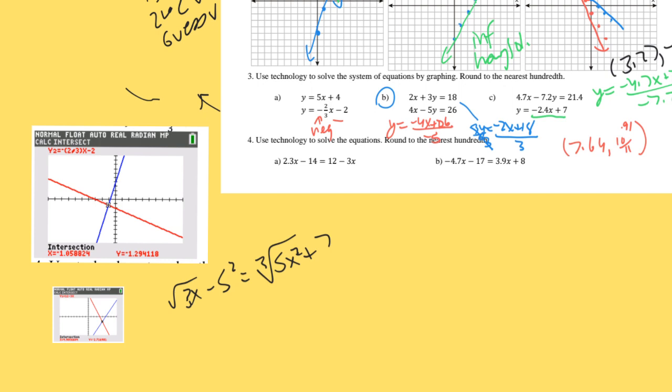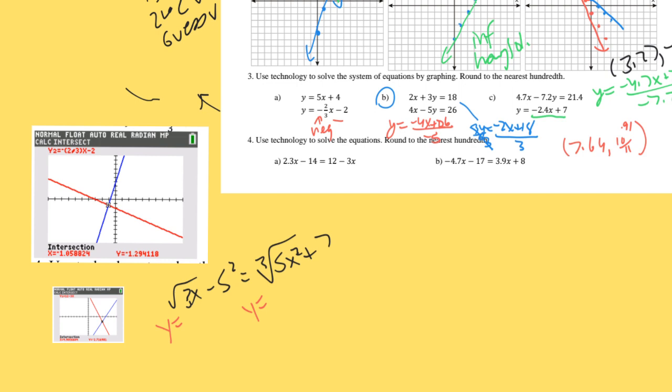So the thing is this, because it's an equation and because your calculator does equations best when it graphs them, you can pretend it's a system of equations. You can say, hey, I want these two things to be true to each other, kind of like a substitution type thing. And we can say, well, if I graph y equals the left side and y equals the right side, if you find out where those two graphs cross, the x coordinate will be the solution to the problem.